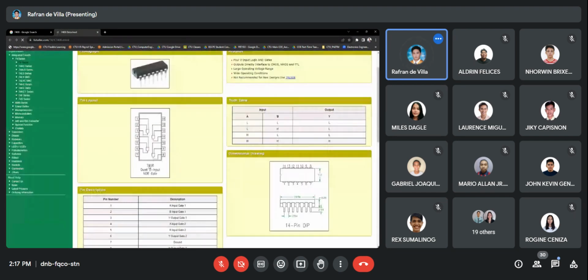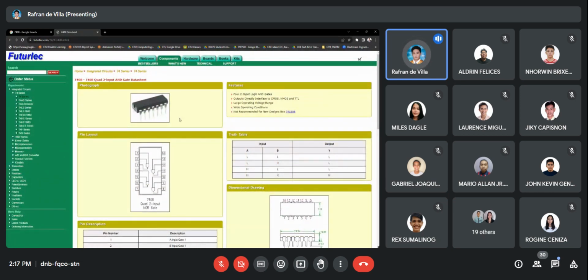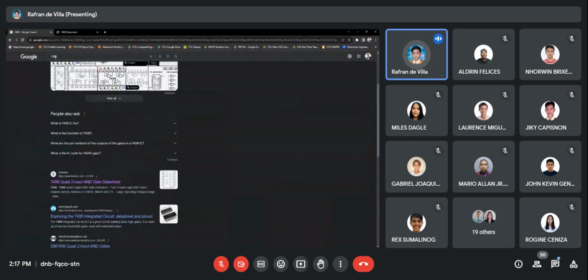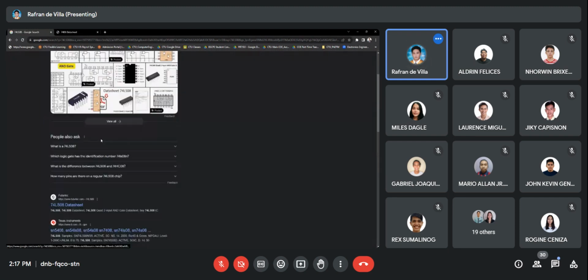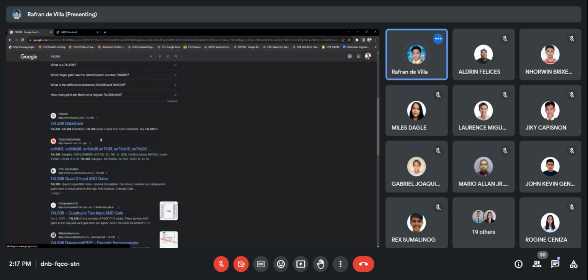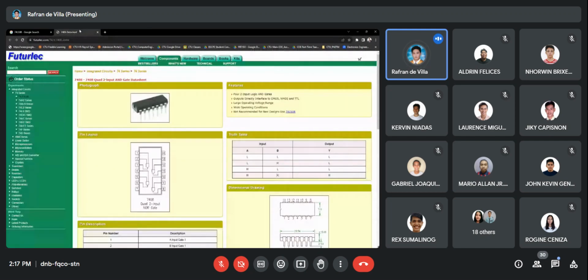Okay? So, this is the summary. Most of the ICs you use are from the LS series, right? Yes, sir. So let's try to get it directly from the manufacturer, the 7408 from Texas Instruments.